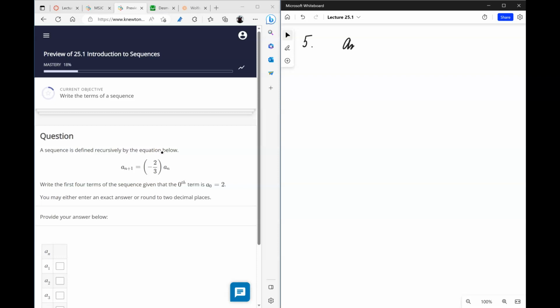Alright, so we have another recursive sequence. The rule is simple. We take the given element and multiply it by negative 2/3.